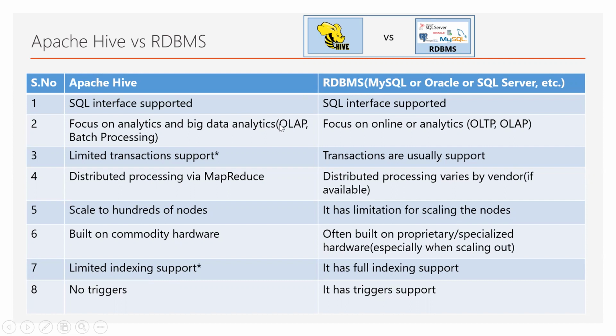Hive focuses on analytics and big data analytics. It supports OLAP and batch processing, while RDBMS supports OLTP and OLAP. OLTP means online transaction processing, and OLAP means online analytical processing.